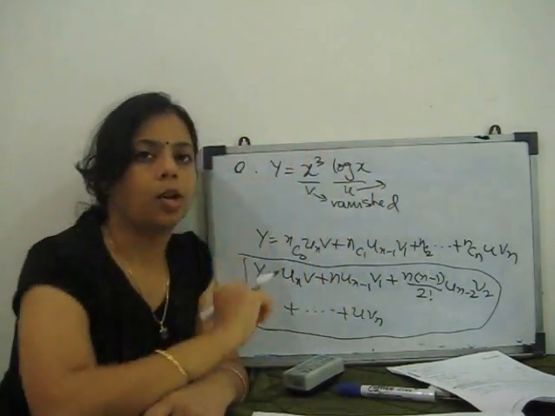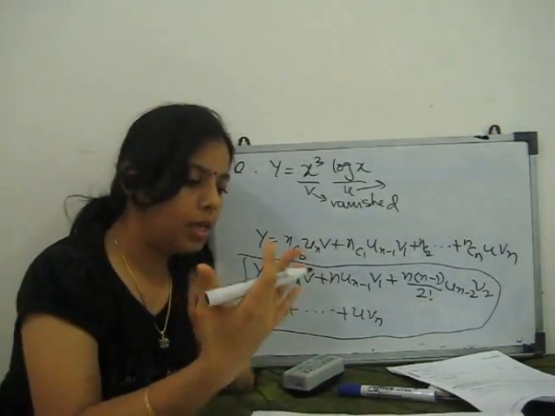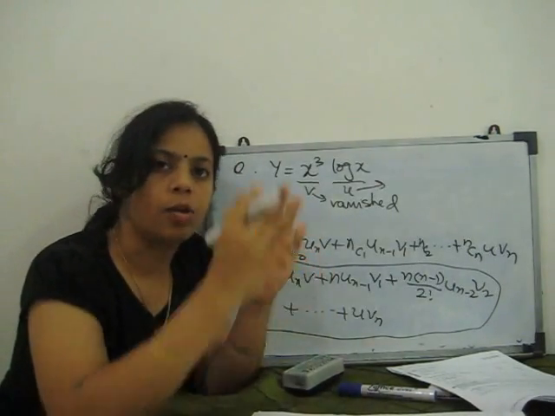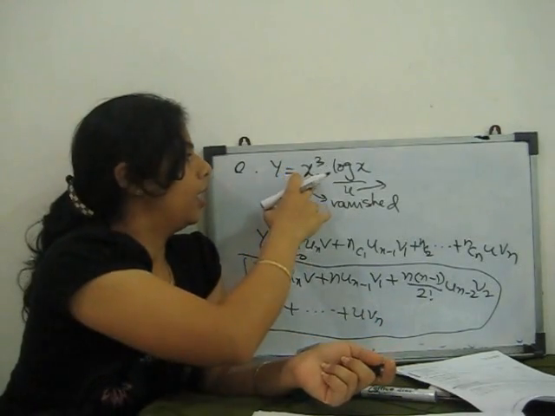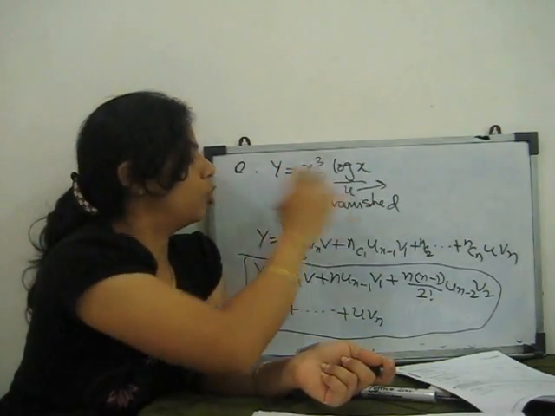We have to decide v as the function which vanishes, finishes, after some derivatives. So here our v is x cube and u is log x.